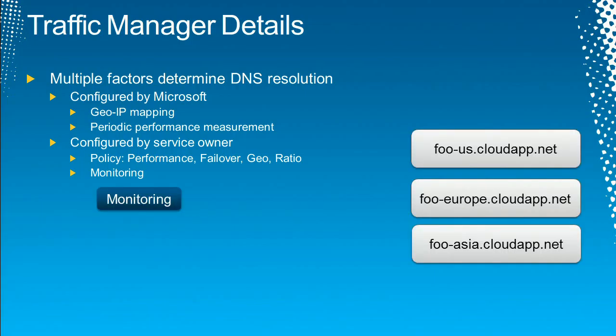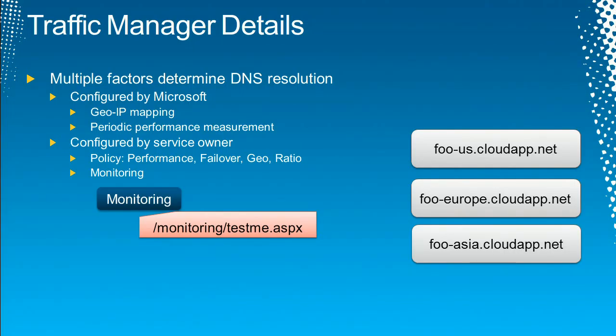So we have this monitoring facility in the traffic manager. You've got your multiple services, and you tell us what resource you'd like us to check. This resource might just be the root directory of your website, in which case that's what we'll try to get. That would be a pretty basic thing to monitor. You might create a page that simulates a synthetic transaction through your service, so it actually exercises the entire service, and you could point us at that as the piece that you'd like us to monitor.